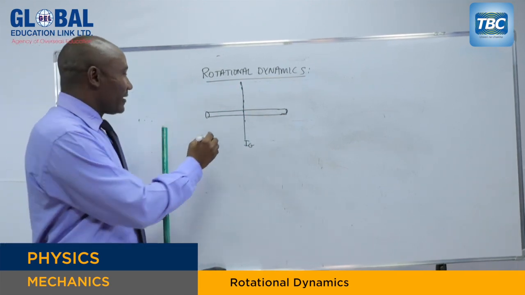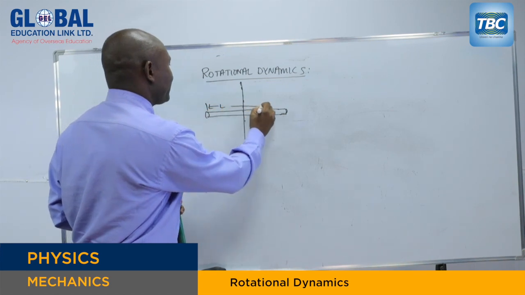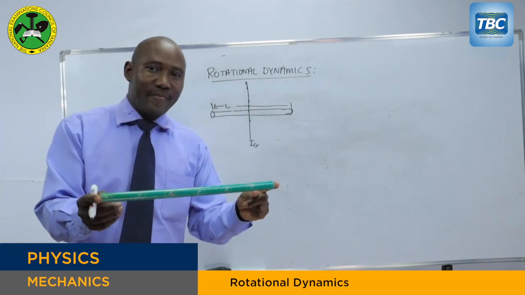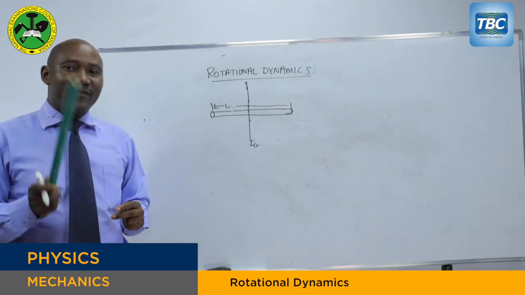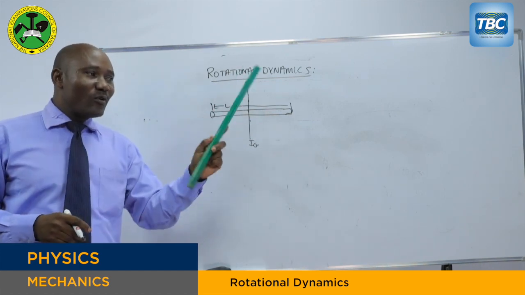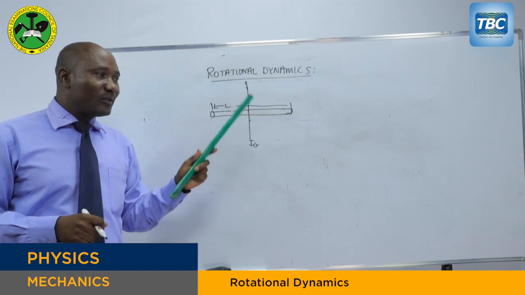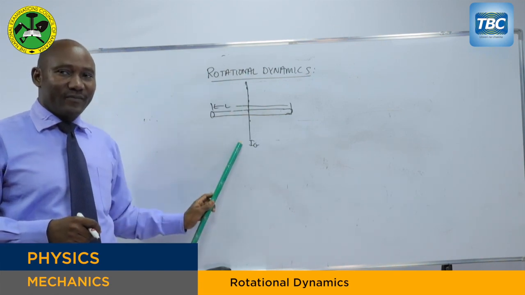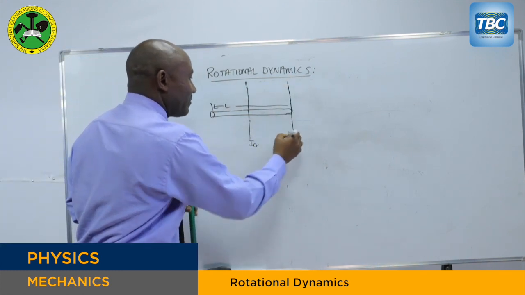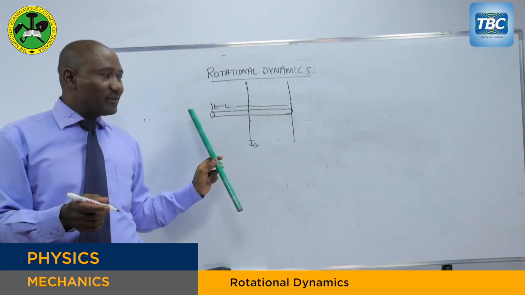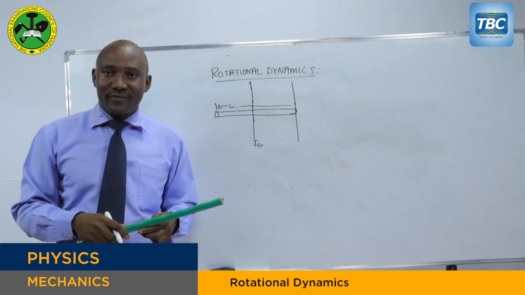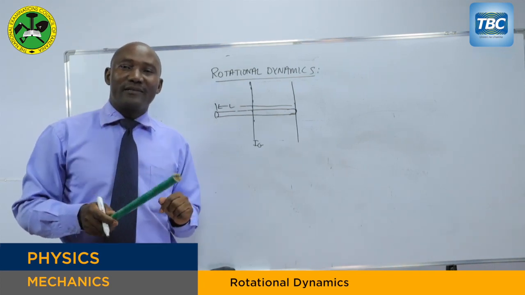We know the length here is L. This is the length of that rod, any length you choose. Now, suppose you are looking for the moment of inertia about an axis somewhere. We should know the moment of inertia about the center of mass here. Then we have another axis, maybe passing at one of the ends. How do you see these two axes? The two axes are parallel to each other. So that's where the parallel axis theorem should be applied.